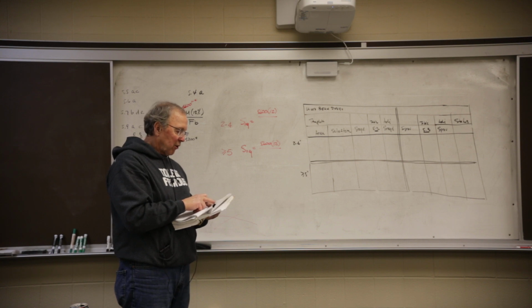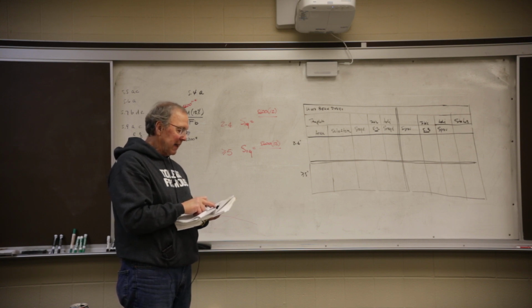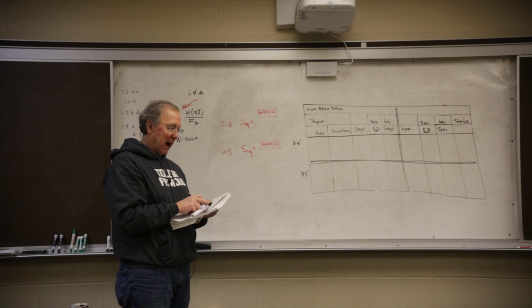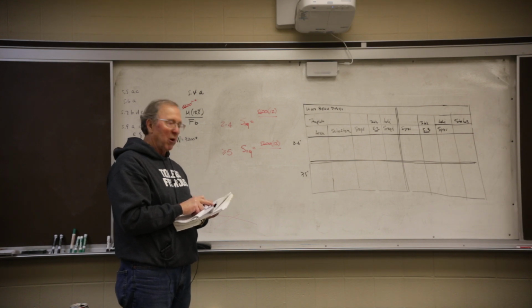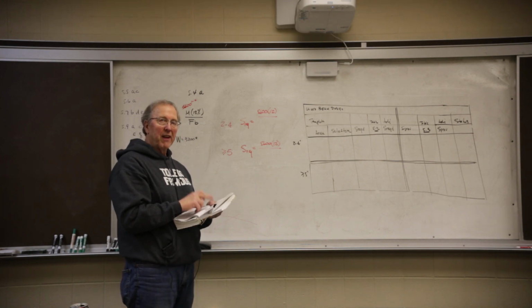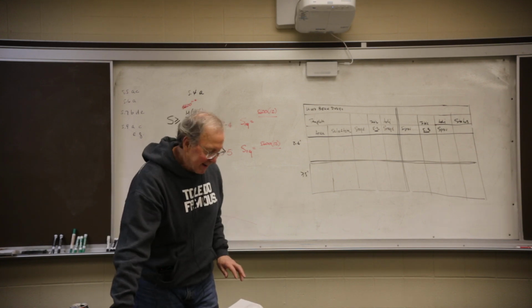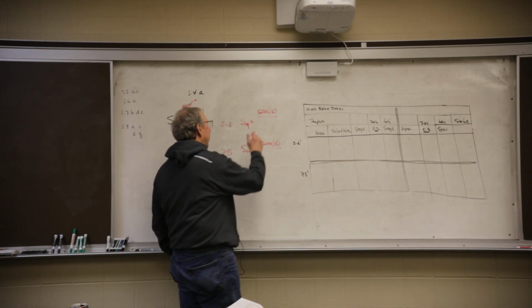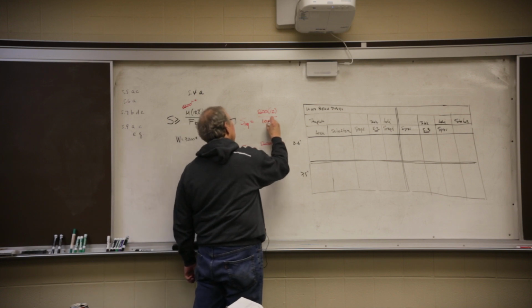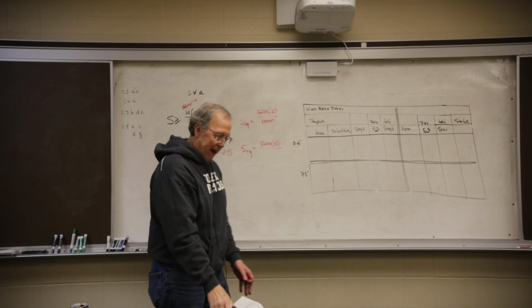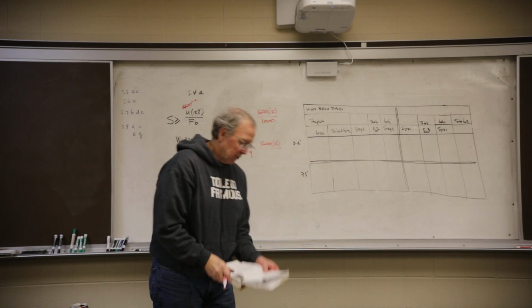Number 1, go across until you hit FB. Very first column, I think you're going to read 1,000. So if that member was 2 to 4 inches wide, the allowable bending stress would be 1,000. Put it right there.